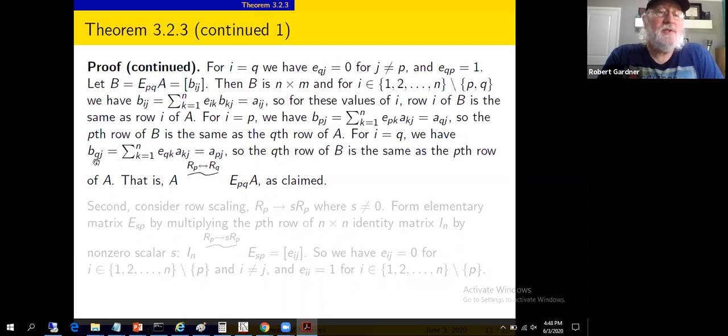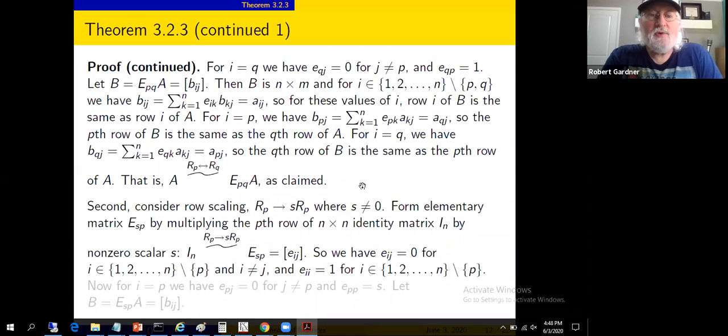And so we get B sub QJ equals A sub PJ, valid for J over the appropriate range. In other words, the Qth row of B is the same as the Pth row of A. So indeed, in this product, we've effectively taken matrix A and interchanged row P and row Q.